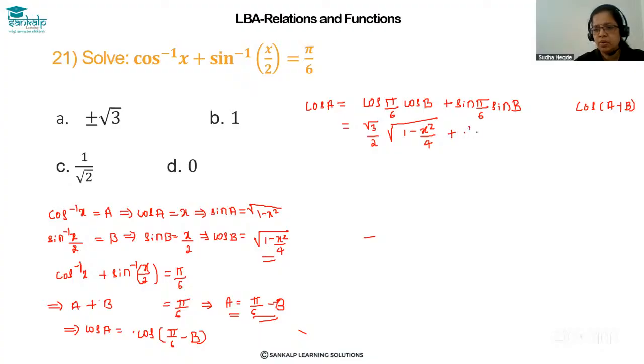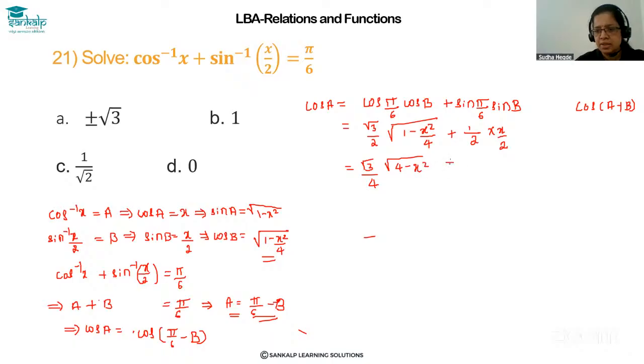It is 1/2. What is sin B? Sin B is x/2. Correct? So, take LCM in the first term. So 4 minus x square divided by 4. Root 4 is 2. So I am taking this as root 3/4 into square root of 4 minus x square.